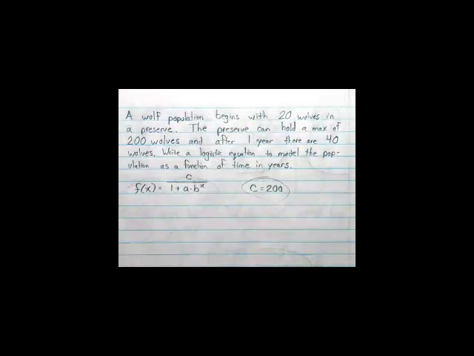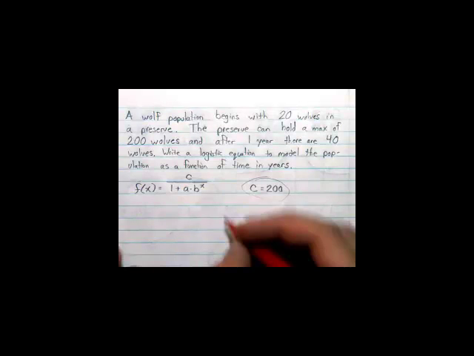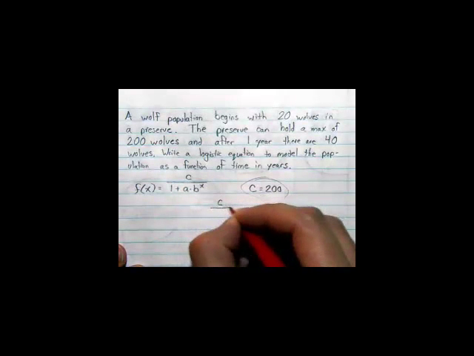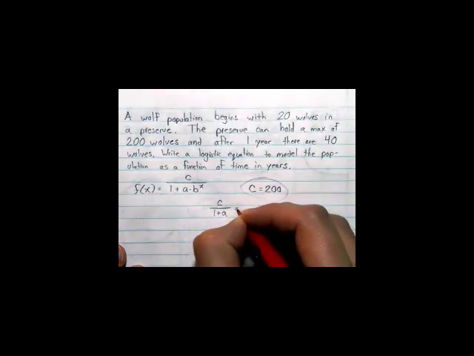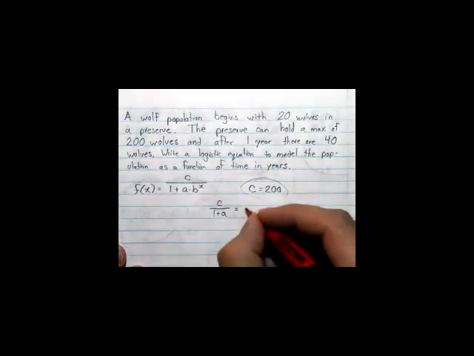What other information did I tell you that might be helpful here to get started? All right, so that initial value we said was 20, right? 20 wolves there to begin with. So C over 1 plus A should equal 20.